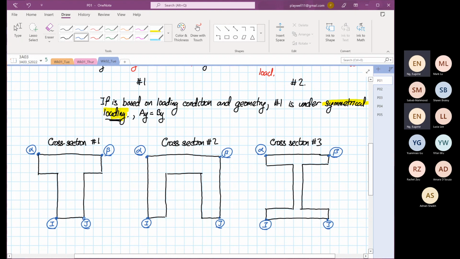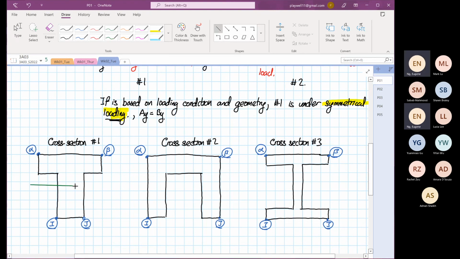And then I'm also going to sketch the centroid on both along the y-axis and along the z-axis. So I'm going to sketch the centroid. Okay, this is just a sketch.